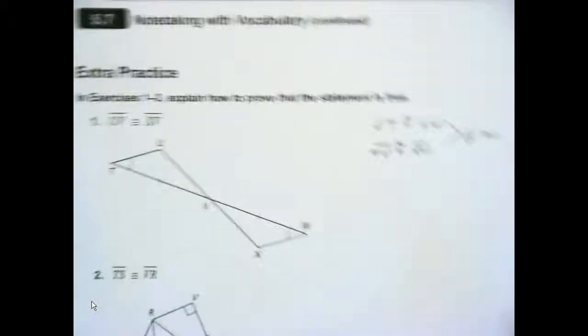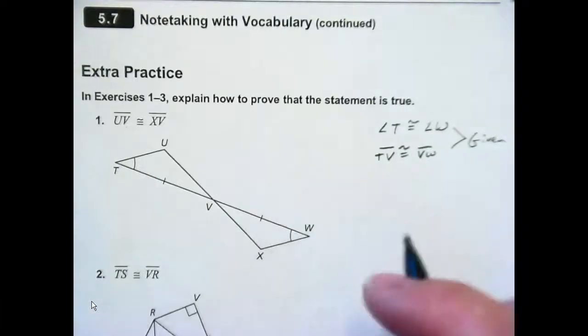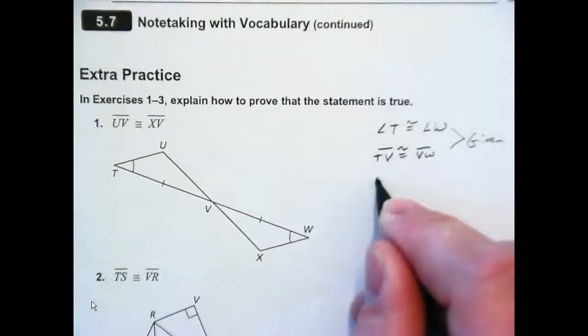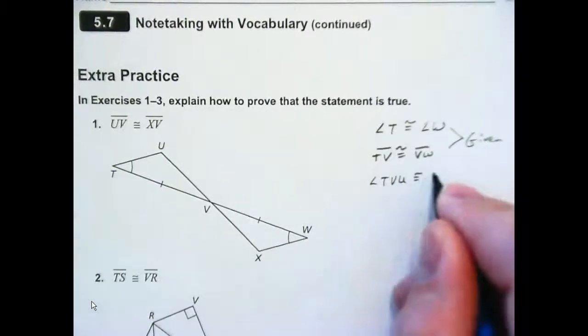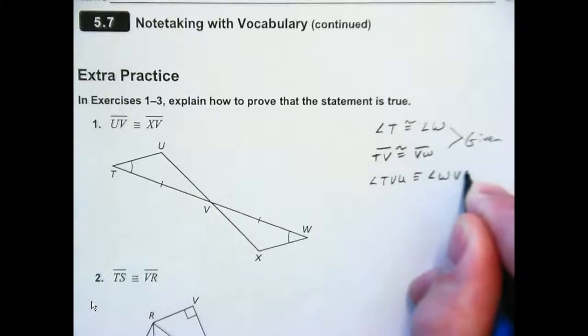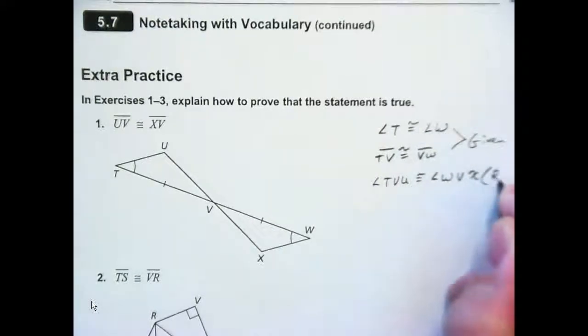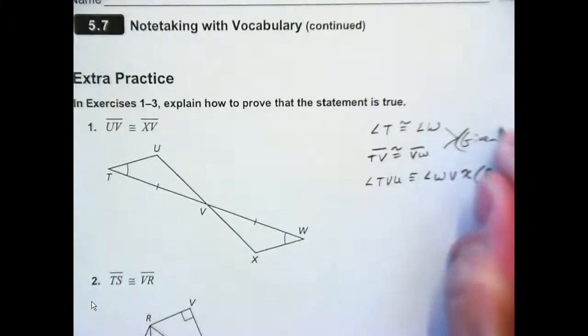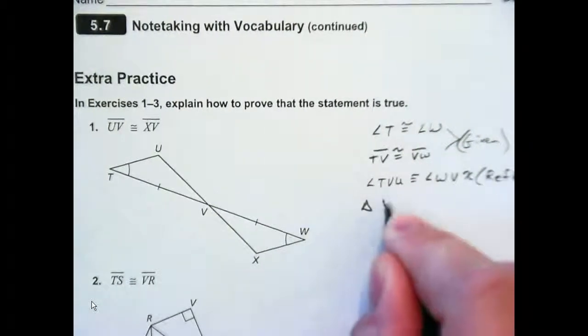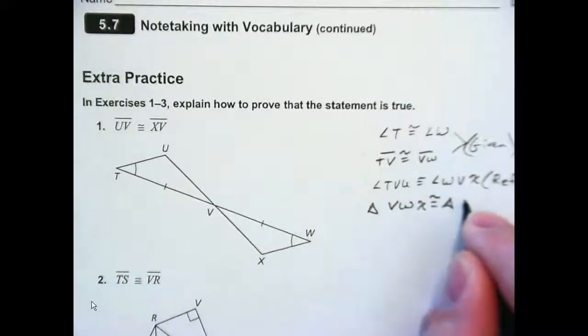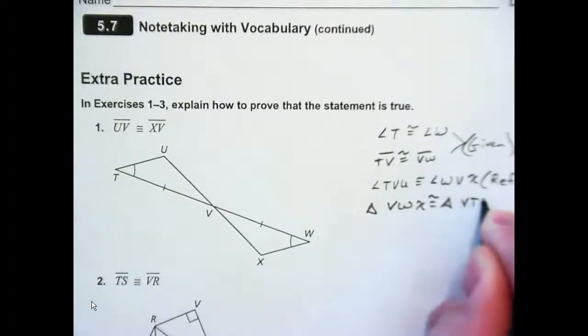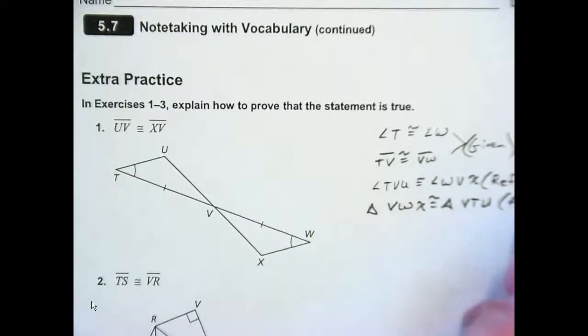And then I did angle TVU is congruent to angle WVX because it flexes. And I did triangle VWX is congruent to triangle VTU because of ASA, excuse me, ASA.